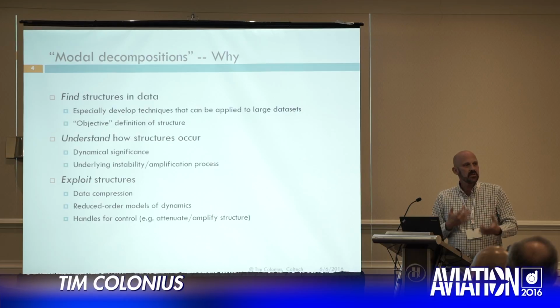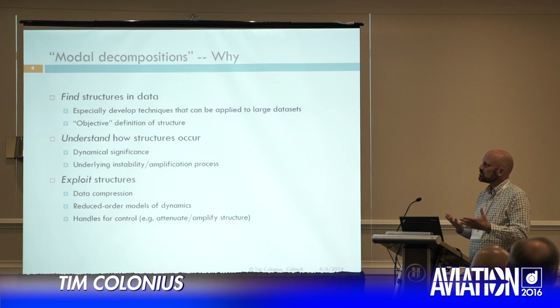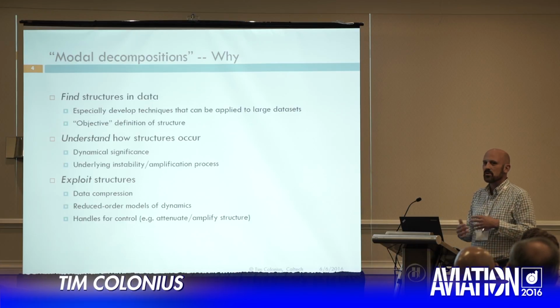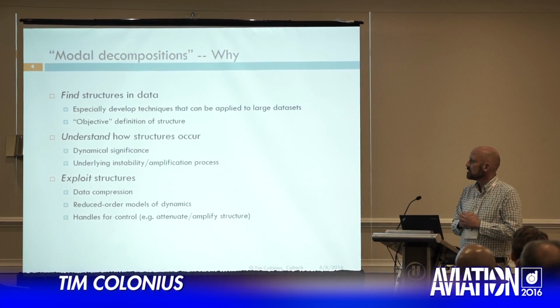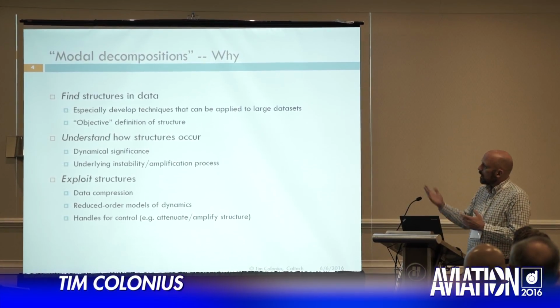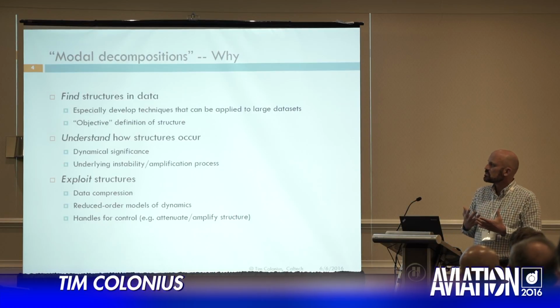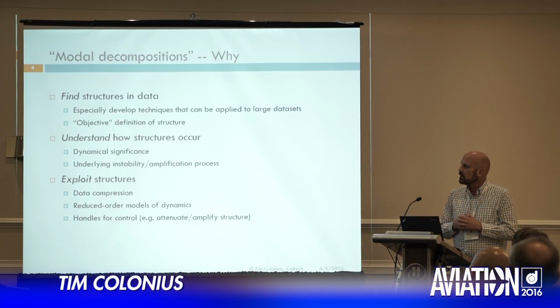Moreover, we want to think about different kinds of decompositions to have the most objective or useful definition of a structure. We all see a structure and we might see different things about it, but when we try to define that structure mathematically, we have to be objective in that definition. These modal decompositions also help us understand how these structures occur. Why is it that the governing equations of fluid mechanics prefer to organize the flow into these structures?